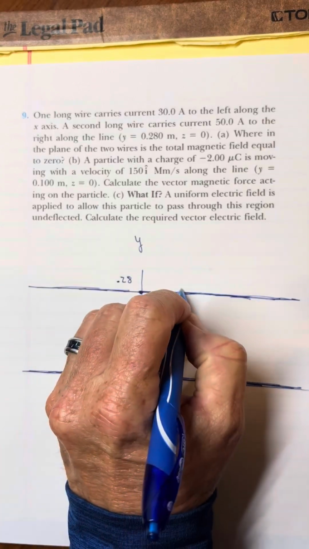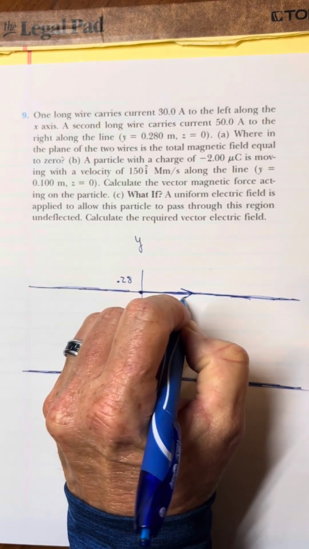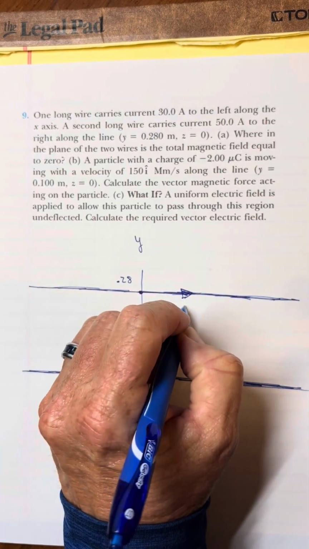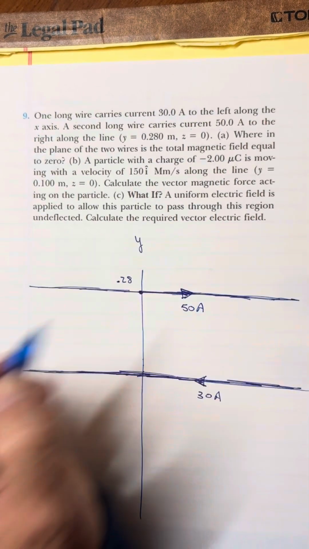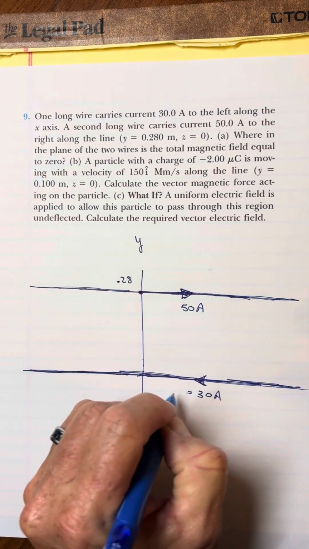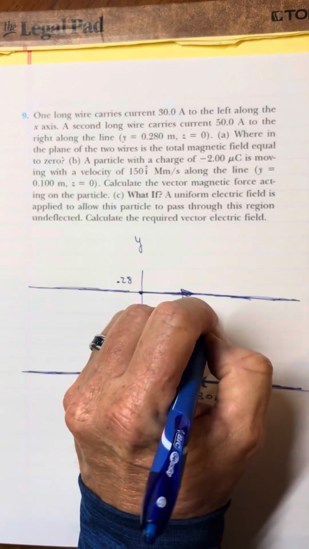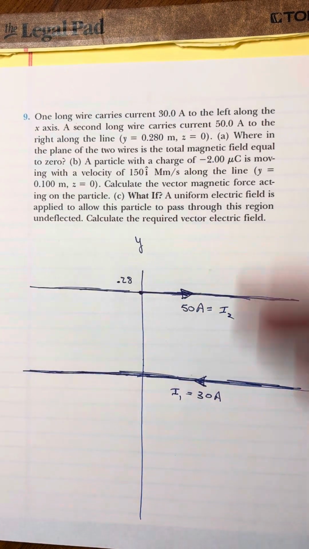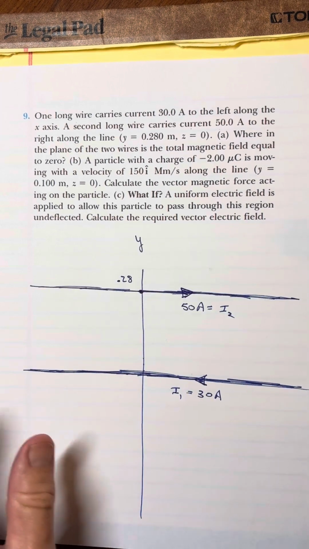I can put a little arrowhead here also and say I have a current here of 50 amps. I'll refer to this as current number 1, and this one as current number 2, and we have our different amounts of current.